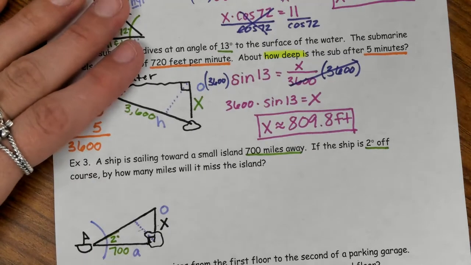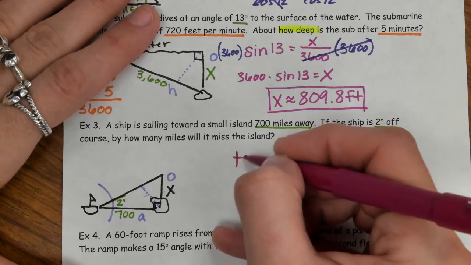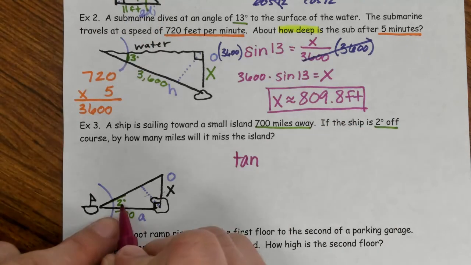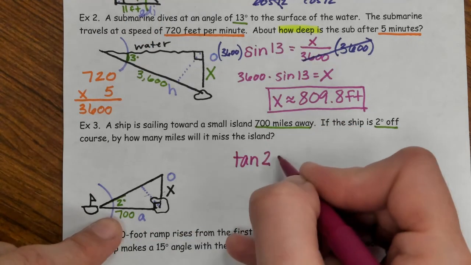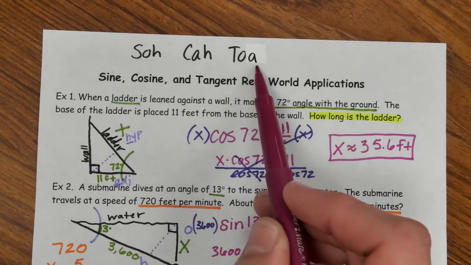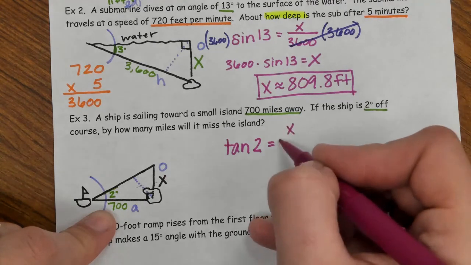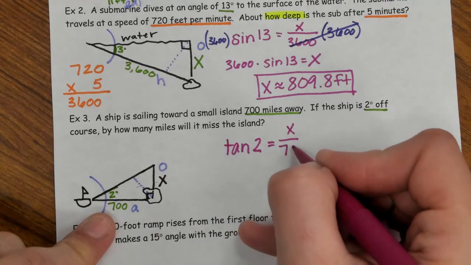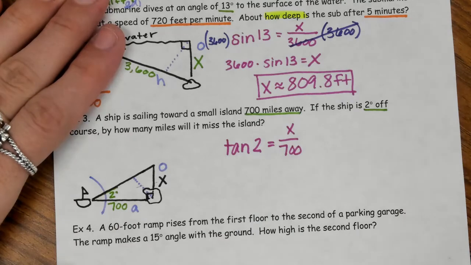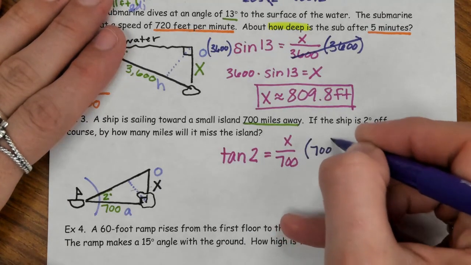T for tangent. So we'll come down here and use our tangent of our reference angle, which we found was 2 degrees, is equal to O over A. So our opposite of X over our adjacent of 700. We should start picking up that pattern now and noticing we need to multiply both sides by the denominator.